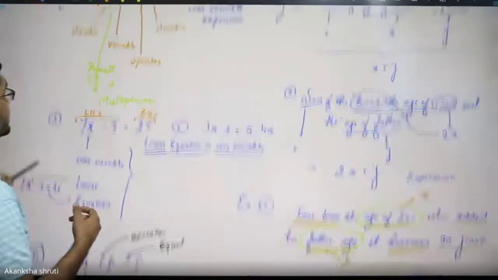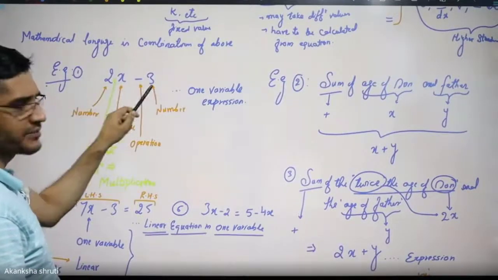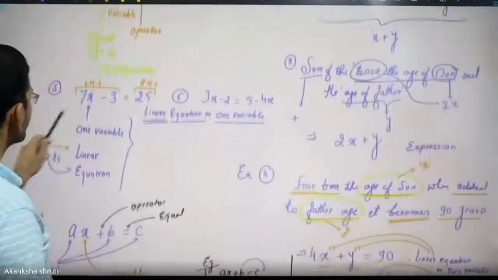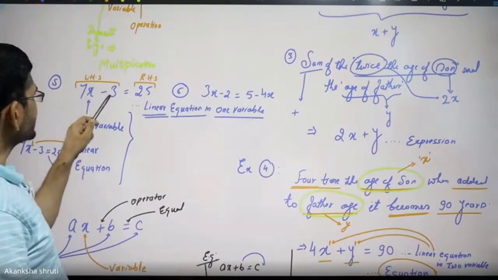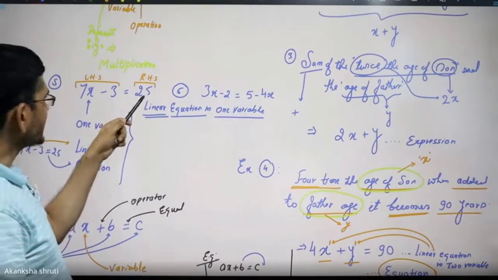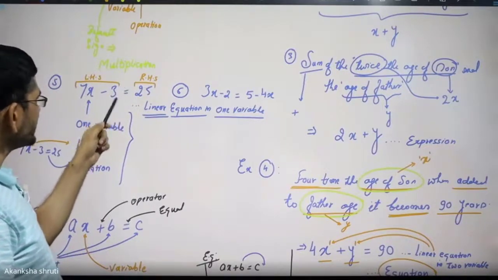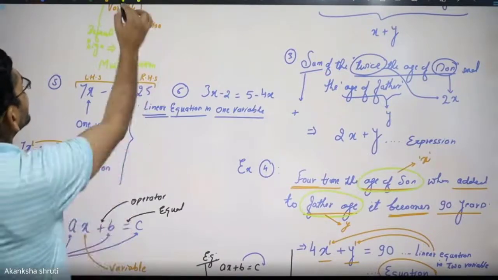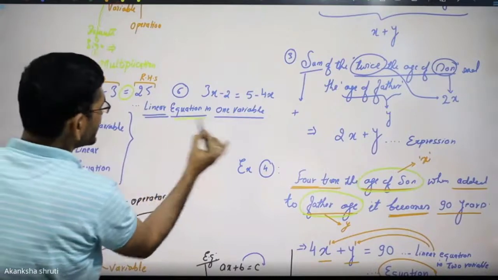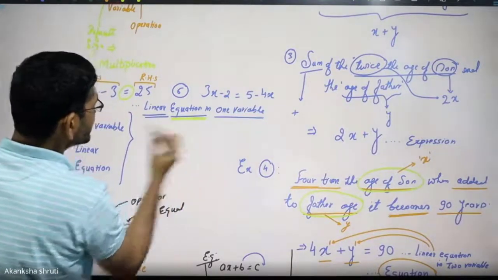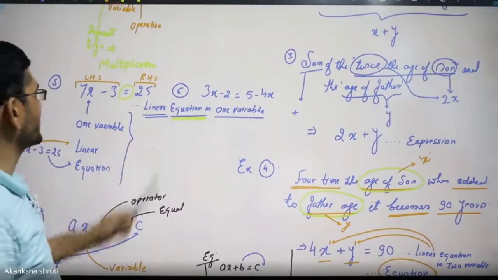Student, what is the difference? Here in 2x minus 3 there was no equal symbol, but in 7x minus 3 equals 25, there is an equal symbol. Because of this equal symbol only, it is called an equation. So this equal symbol makes the difference between an equation and an expression.